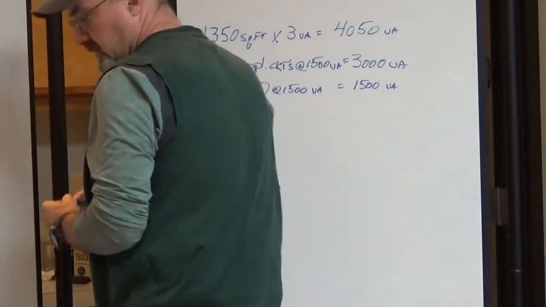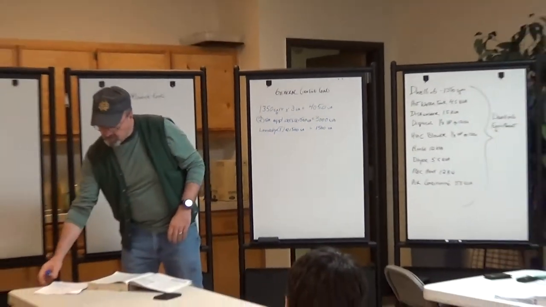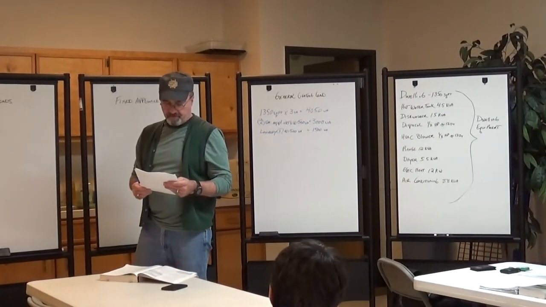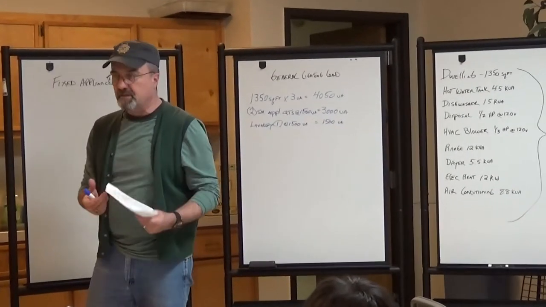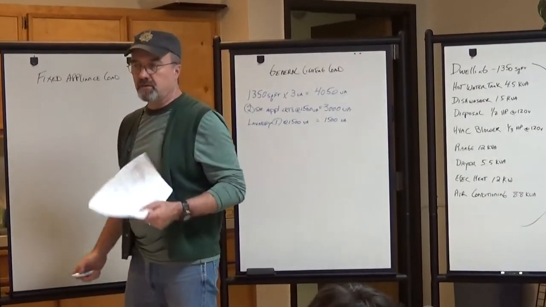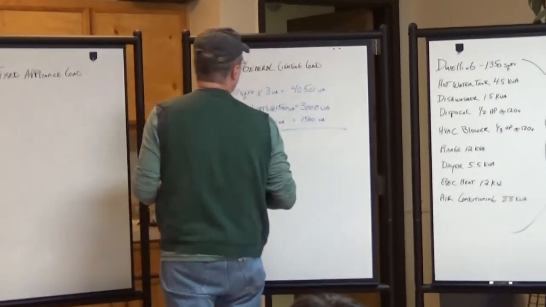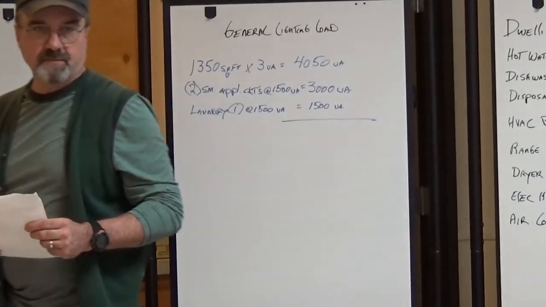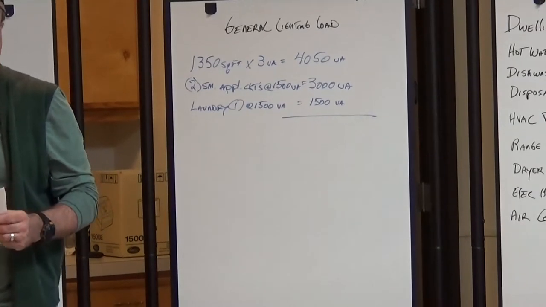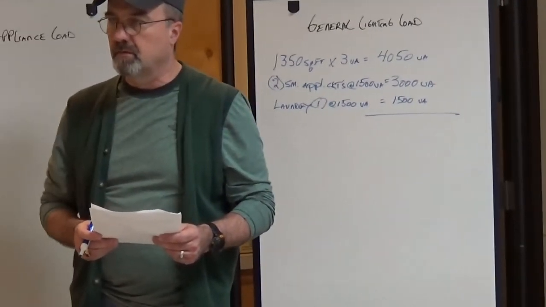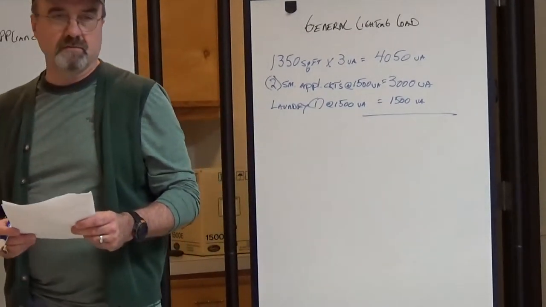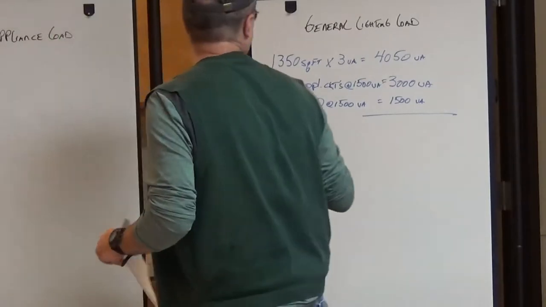Okay, so we've got a 1500 VA laundry circuit now. The next step, then, for the general lighting load requirement: we want to add all those up. Somebody add those up for me, please? 8,550. 8,550 VA, right?